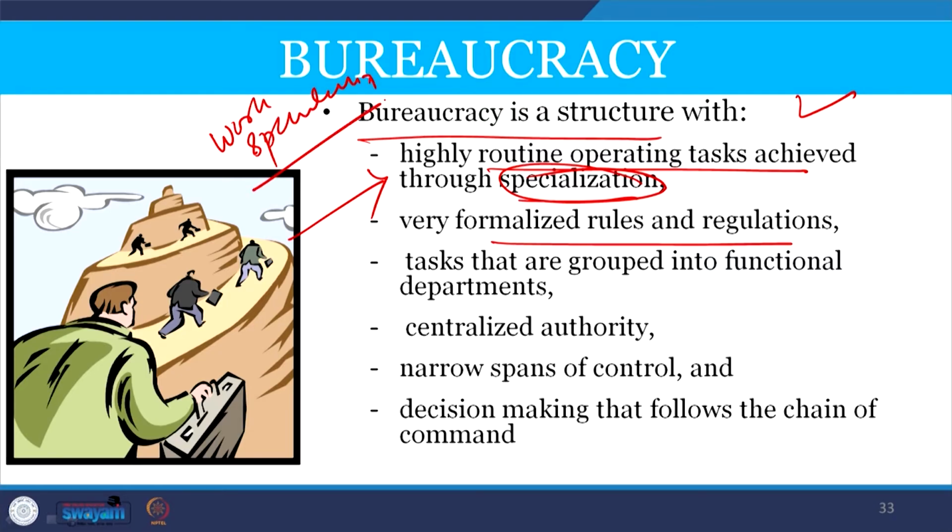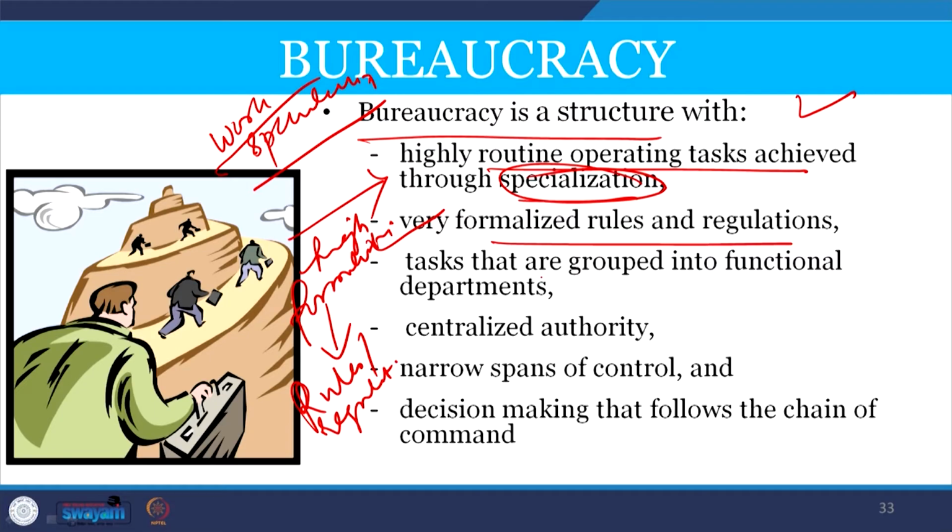So, an organization which has a high degree of specialization with a high formalization, that means it follows rules and regulations, and tasks are grouped into functional departments.